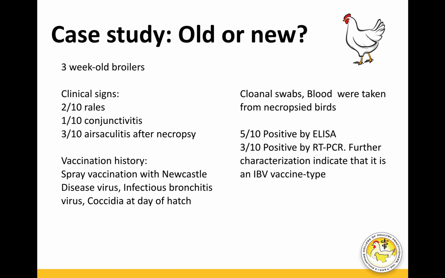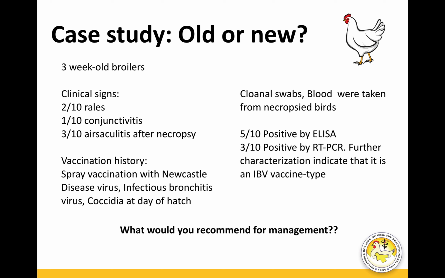When you necropsied birds, we did choanal swabs and blood, and 5 out of 10 were positive for ELISA, and 3 out of 10 were positive for RT-PCR for bronchitis, and the diagnostician told you that it's a vaccine type. So what would you recommend for management?